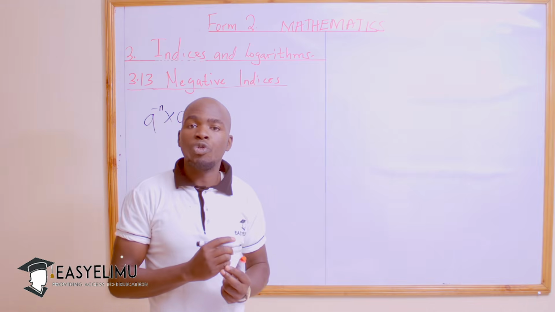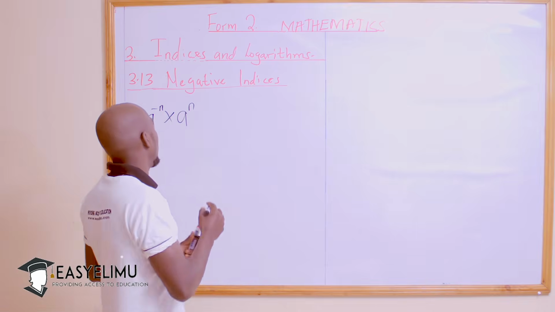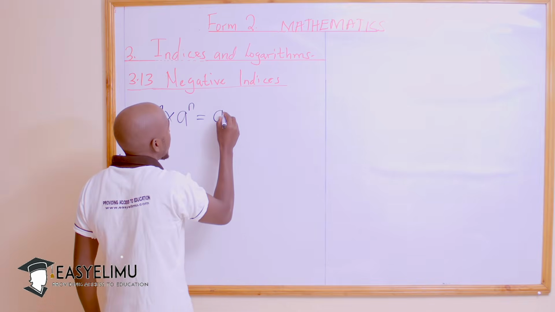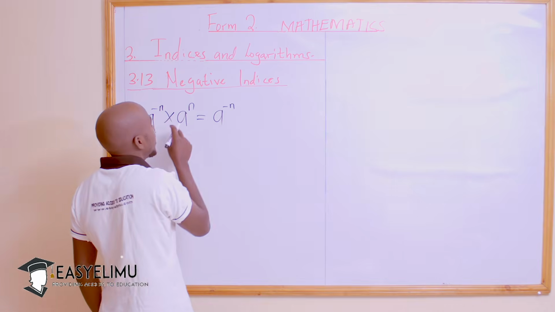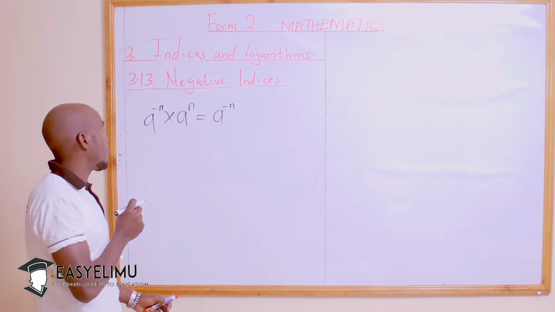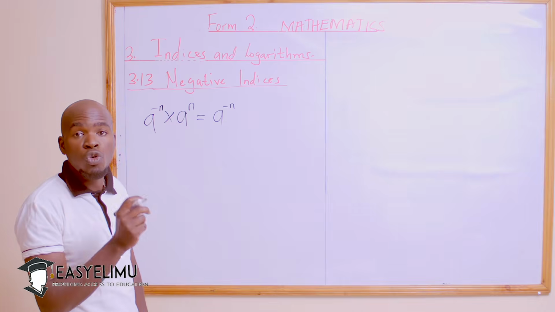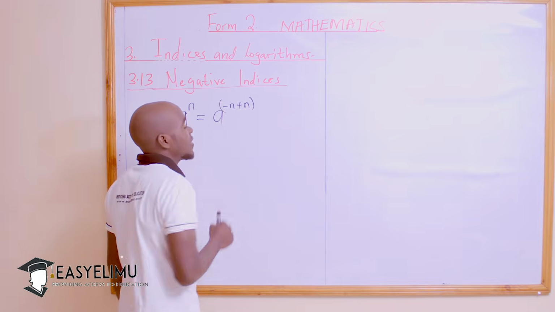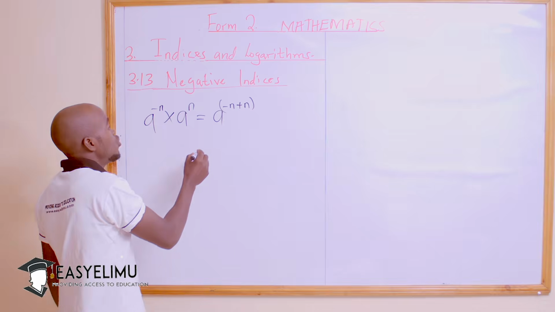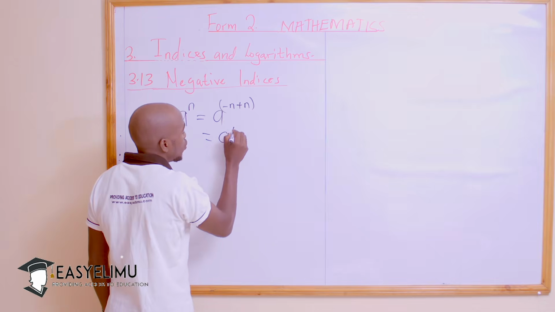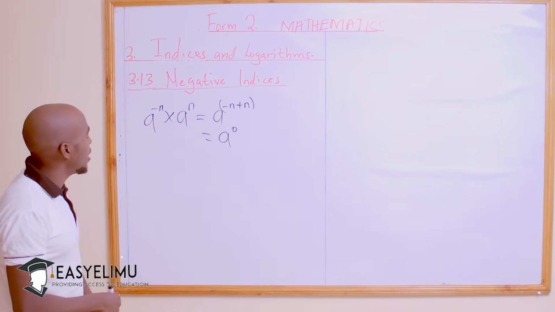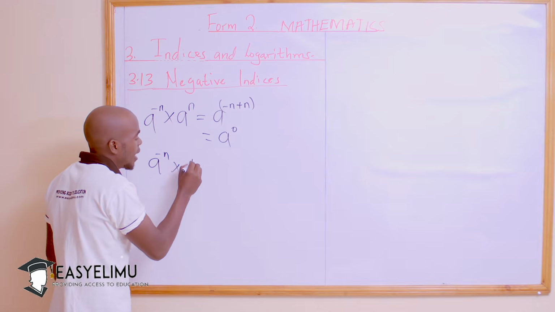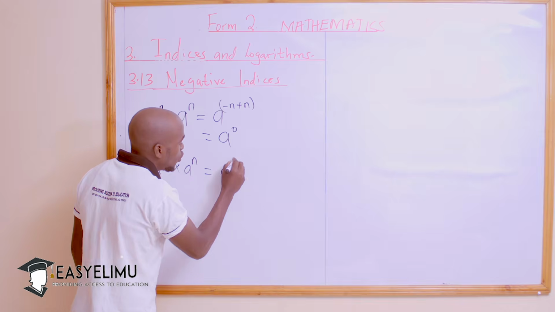According to the first law of indices, which is the sum of two powers, we are going to add the powers since the bases are the same. If we do that, we are going to have a raised to 0.